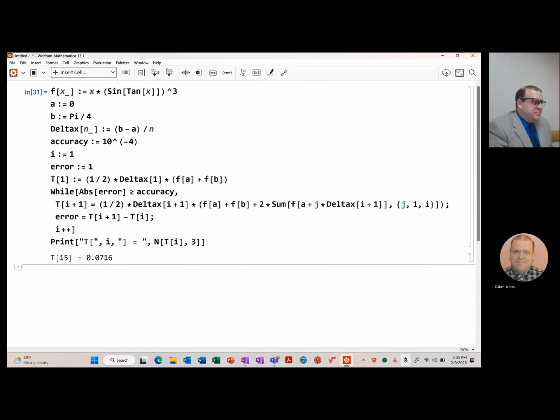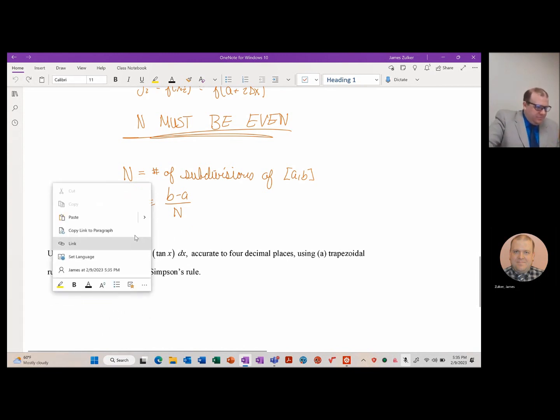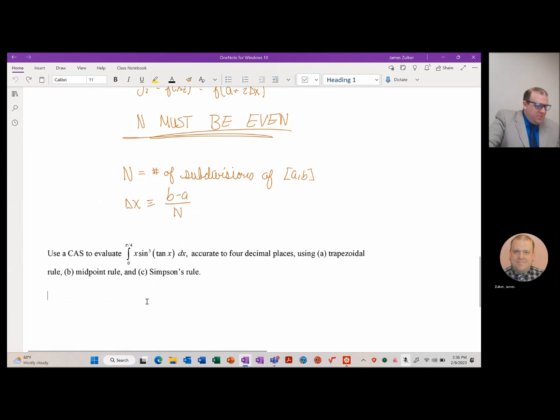Right. So there would be our trapezoid rule. So what I'm going to do is just copy and paste. Great. Paste that as a picture. No, you won't let me? Okay.